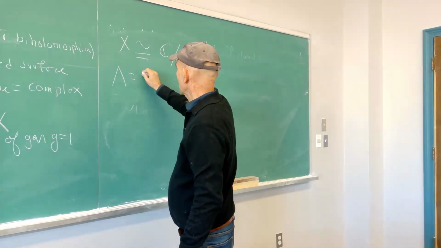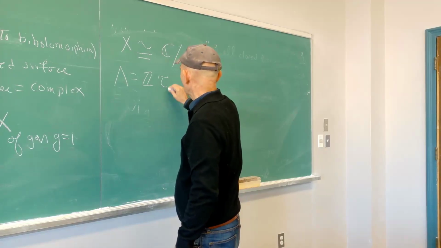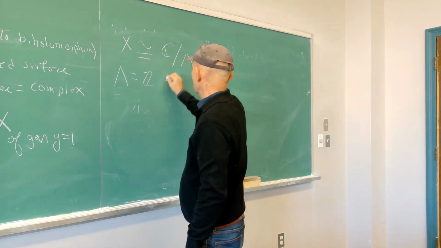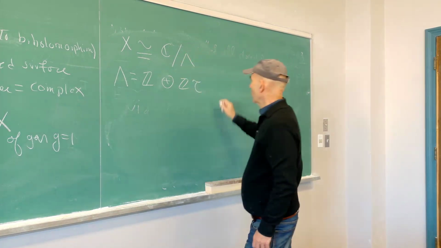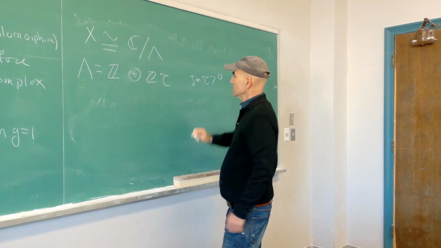Lambda is equal to Z plus Z tau, where the imaginary part of tau is positive.